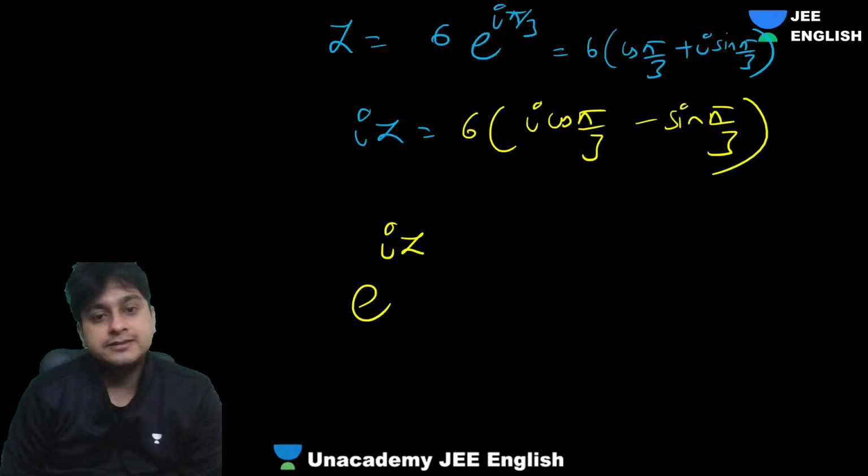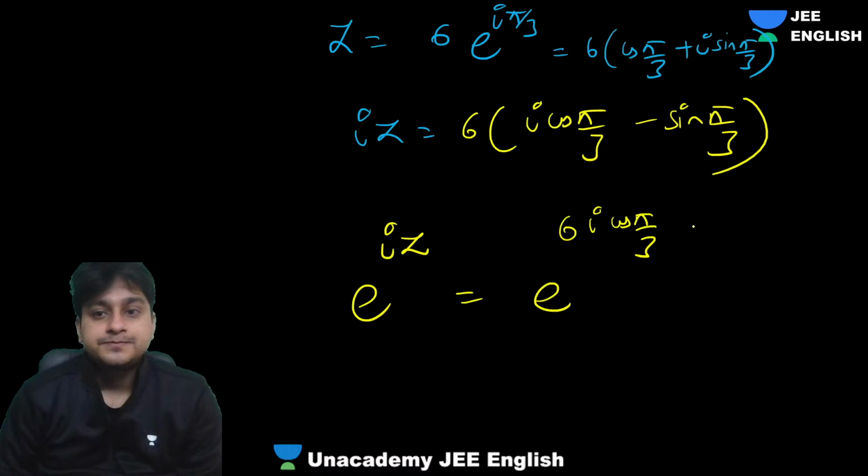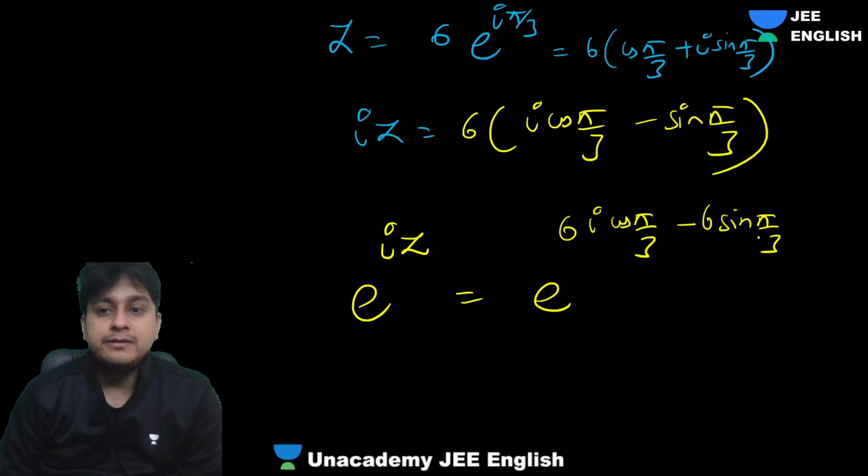e power iz will be what? e power this whole thing: 6 i cos pi by 3 minus 6 sin pi by 3. What is sin pi by 3?